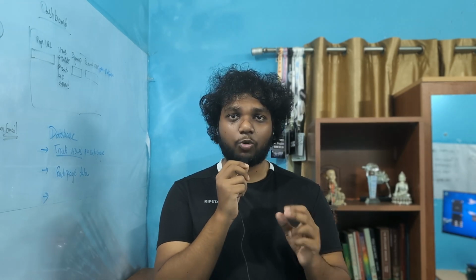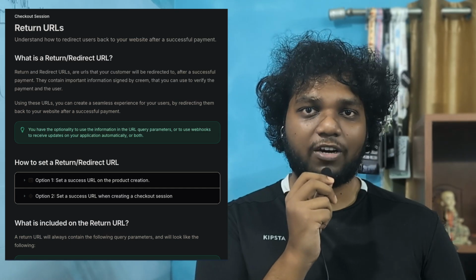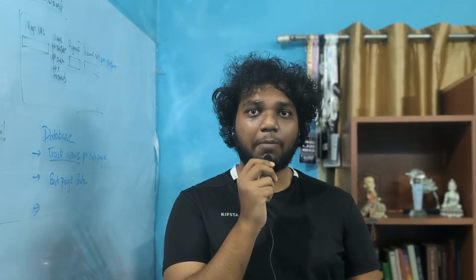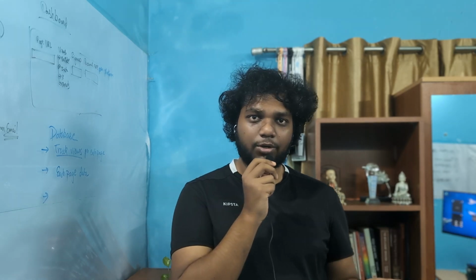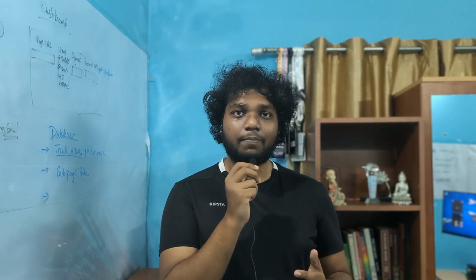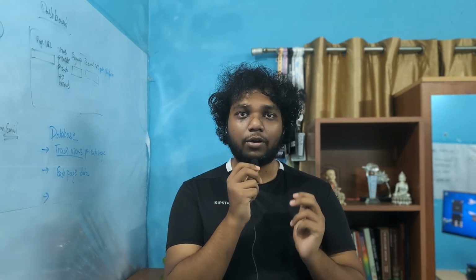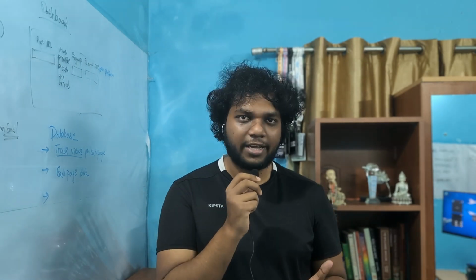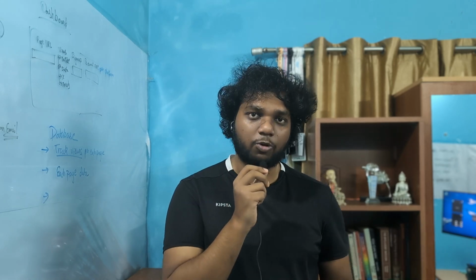Apart from that, it provides a return checkout URL, which is very beneficial. After a transaction, you can redirect to a particular page, a particular route, and you can verify the payment status and transaction ID. They provide good developer docs, so you can understand in a day, integrate in a day or two, and go live with your SaaS. So this is what Creem.io provides.